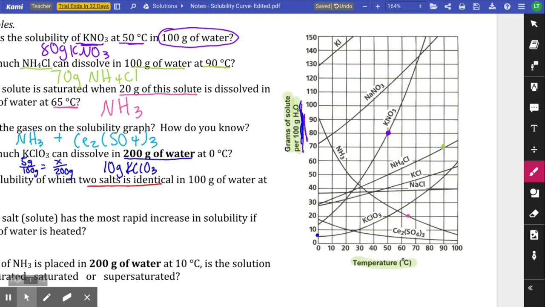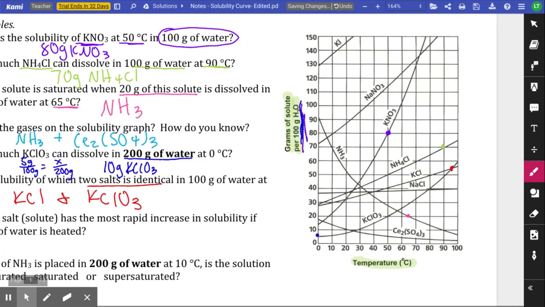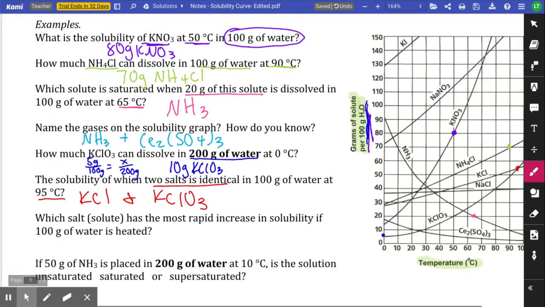I would just come to 95 and look along my graph until I find a point where two intersect. And it looks like it is KCl and KClO3 that are intersecting there.